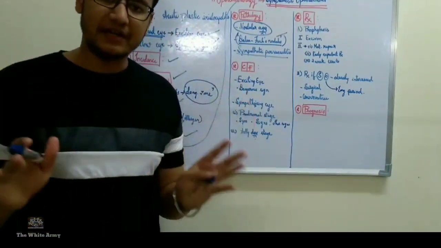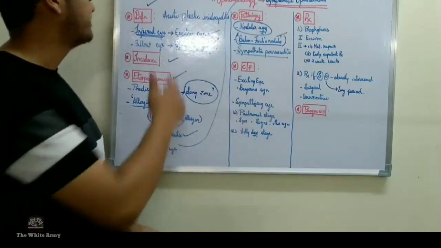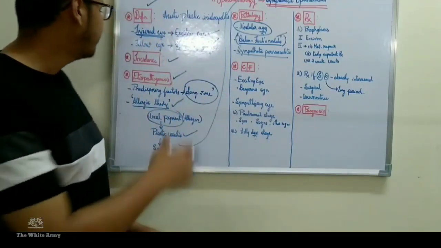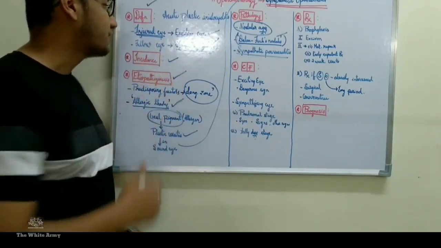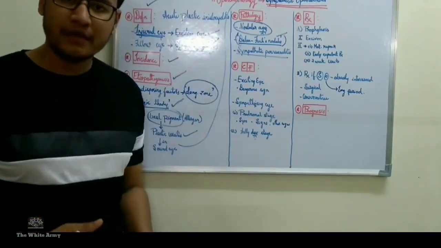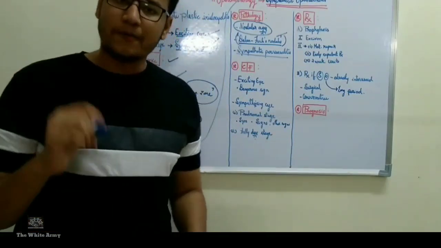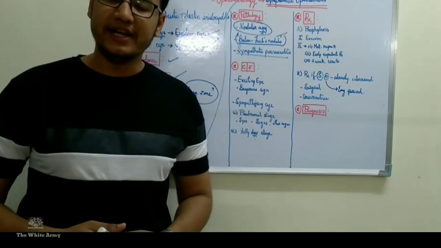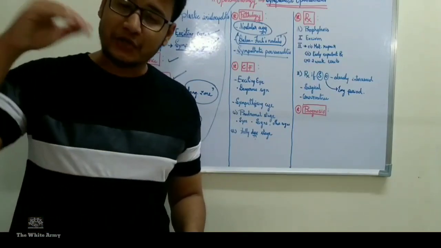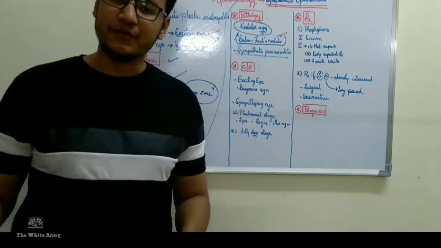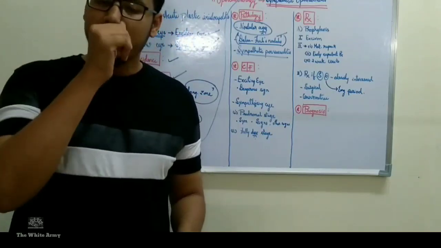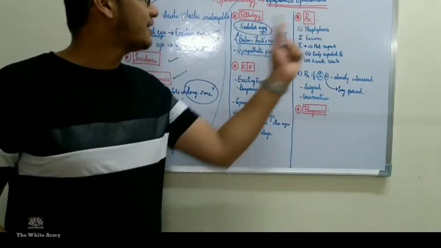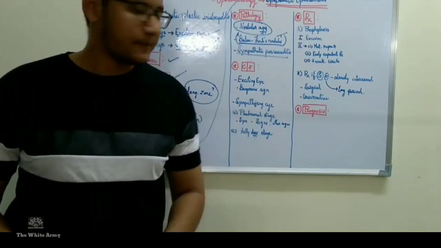Hopefully everyone has understood so far the definition, incidence, etiopathogenesis and pathology of sympathetic ophthalmitis. Now, as an ophthalmologist sitting in the OPD, we should scrutinize the clinical features and understand them completely to diagnose the condition correctly as sympathetic ophthalmitis.